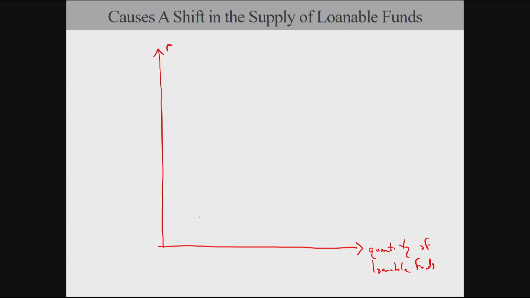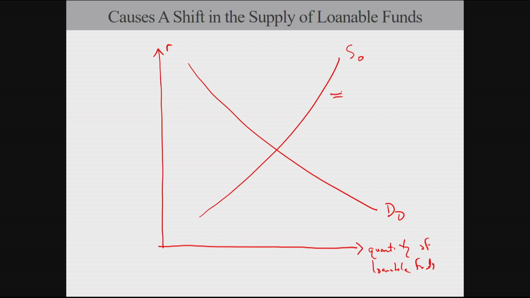Okay, you can think initially there's some supply S0 and some demand D0. What this essentially is achieving is a rightward shift in the supply of loanable funds. Okay, and that initial purchase, that big purchase of bonds from the banks is going to lead to a reduction in the interest rate from R0 in this example down to R1.